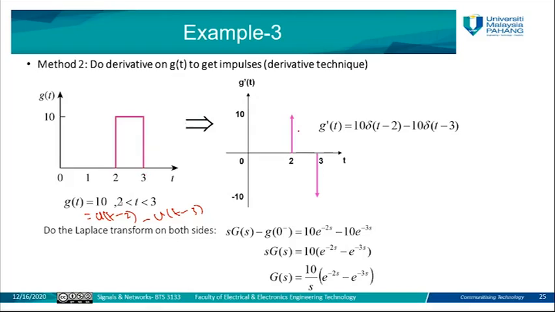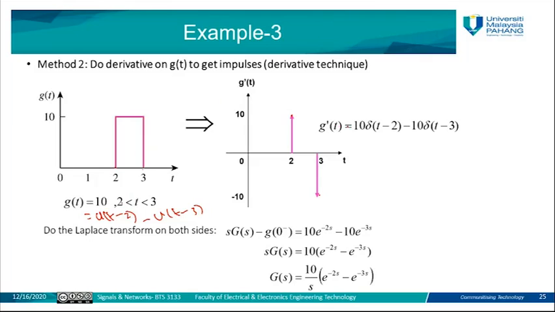The derivative of g(t) in this form will give you these two functions, which are impulse functions. So you have an impulse function at the point 2, and you have an impulse function at the point 3. Both are multiplied by 10 because you have the value of the pulse here, 10, either on the positive side or on the negative side.